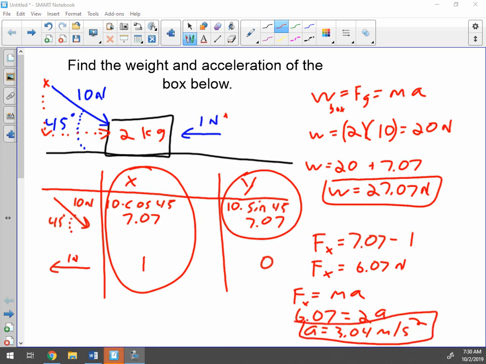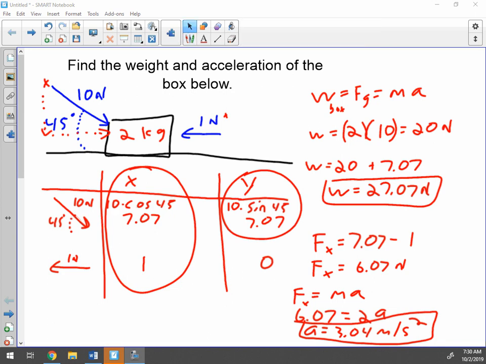And that is your answer. So once again, for the weight, we're just using the y parts, because that's the direction that gravity is working. And then for the acceleration, we're only using the x parts because this box is only moving in the x direction because the ground is preventing it from moving in the y direction.